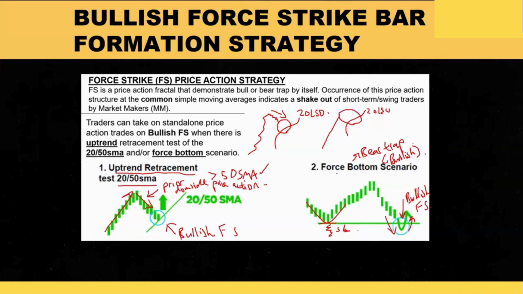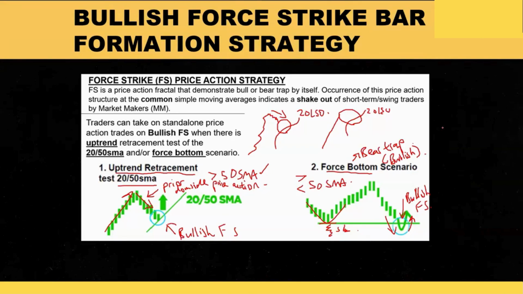So take note, guys. Bullish FS in the false bottom scenario, we can trade it above or below the 50 SMA, basically anywhere. It doesn't need to be above the 50 SMA. It can be anywhere on the chart. So if you are just trading bullish FS false bottom, you can just remove all your SMA.